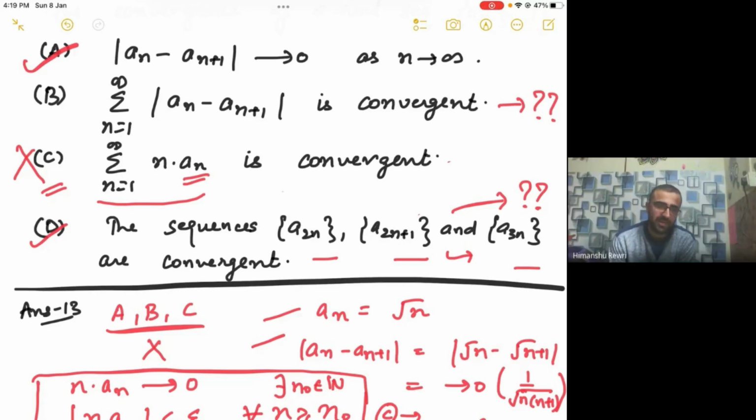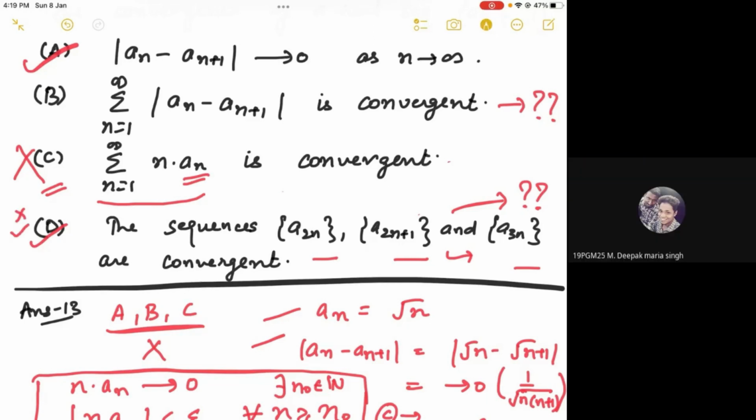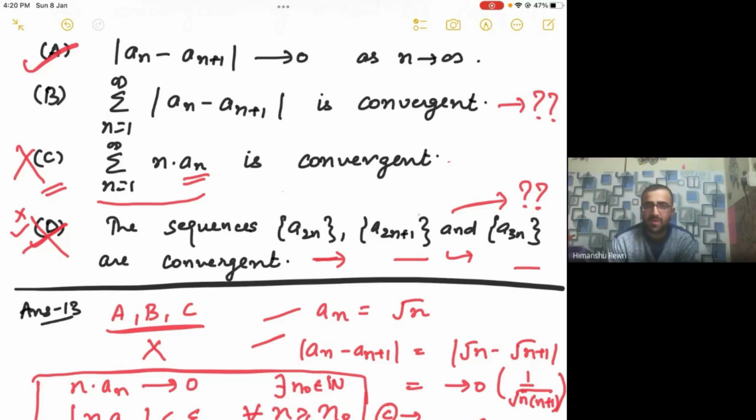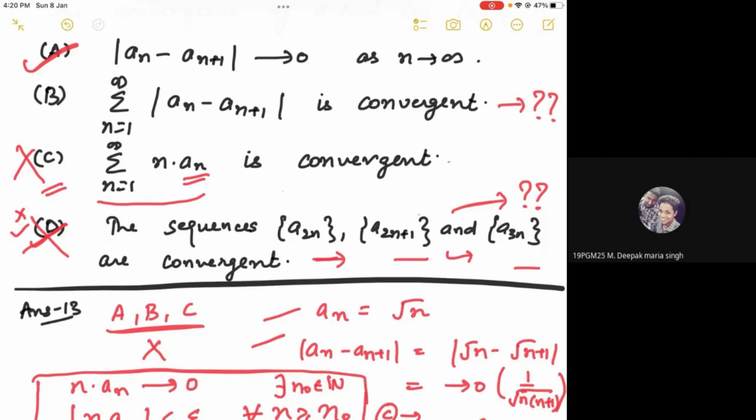False, like the option is incorrect or correct? It is incorrect. Okay, so you are saying that D is incorrect. Yes. Even in the sequence, the even terms converge and the odd terms converge. Therefore, a_n will also converge.